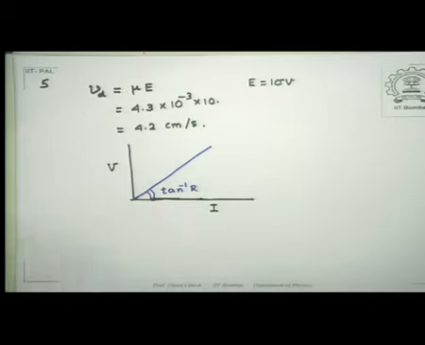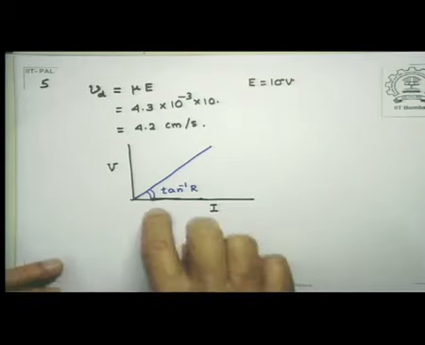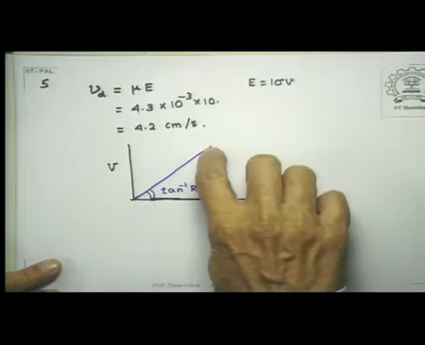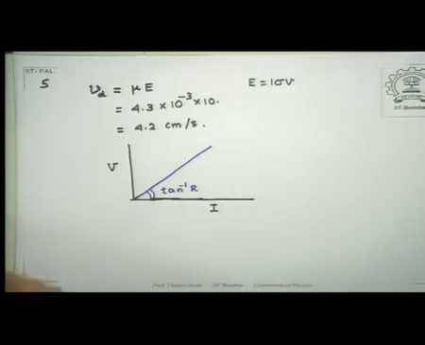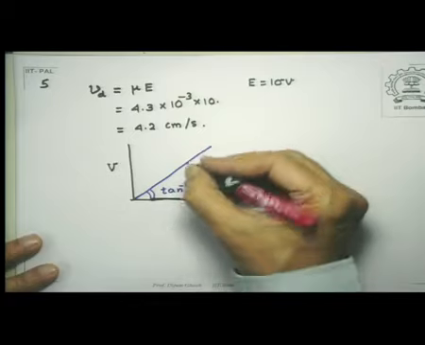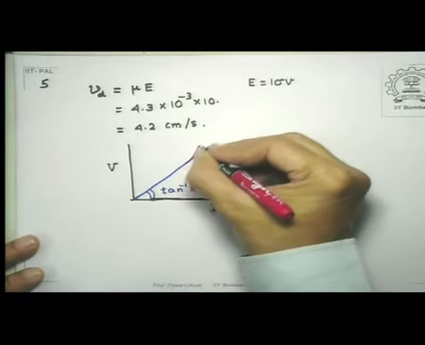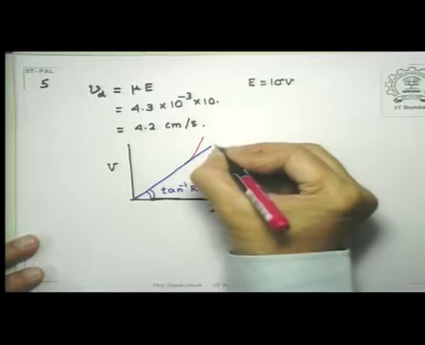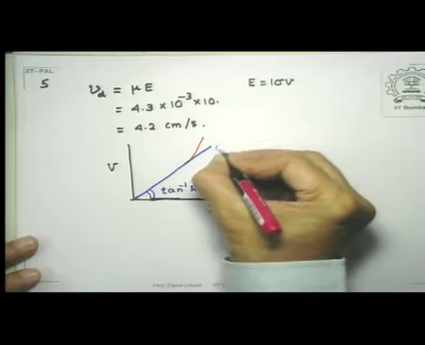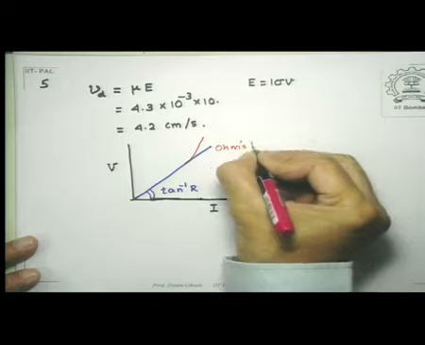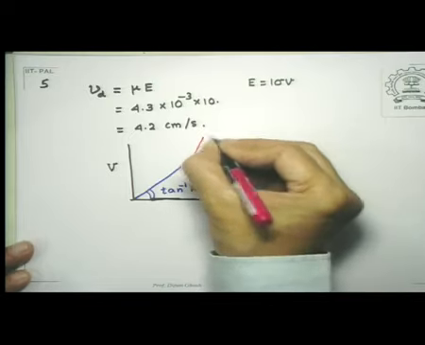V is equal to I times R. So that is typical relationship. Most of the time, this relationship will have some deviation from linearity, particularly in this region. So this is Ohm's law, and this is deviation from linearity.